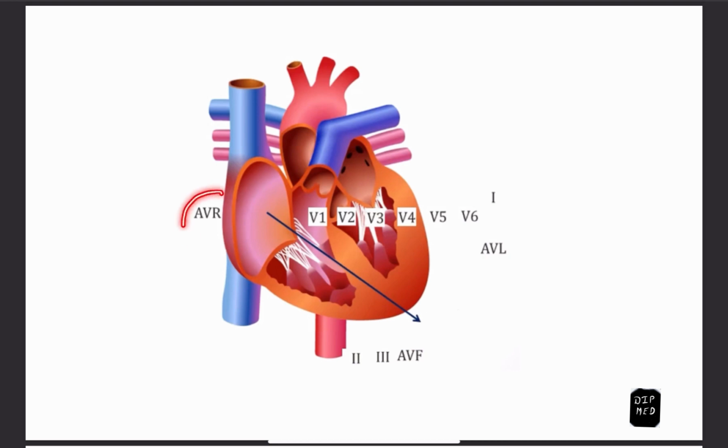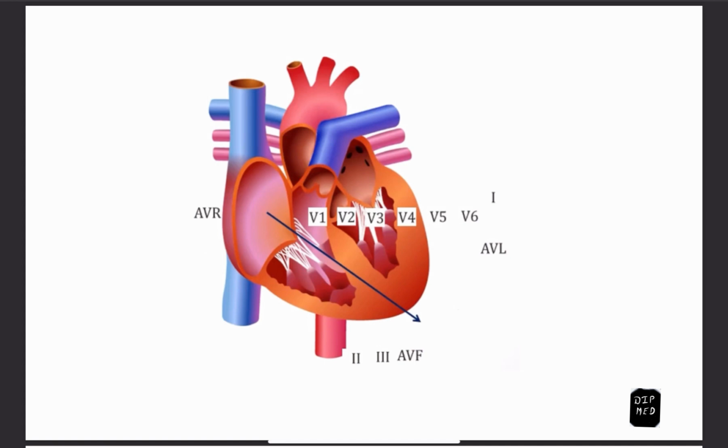Lead aVR is viewing electrical activity on the heart from the right side. So all the electrical activities are moving away from it. And when electrical signals move away from our EKG lead, it generates a negative deflection on the EKG. In contrast to this, lead 1 and lead aVL view the electrical activity of the heart from the left side.